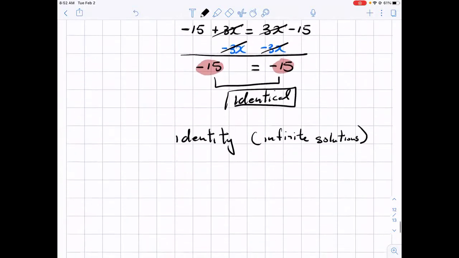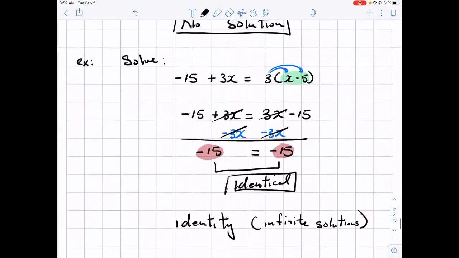Meaning any number you try will work. If you take x and plug it in as 0, it will work. If x is 1, it will work. If x is negative 5, it will work. So any number will work.